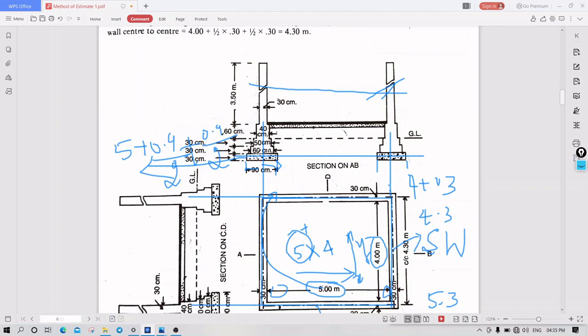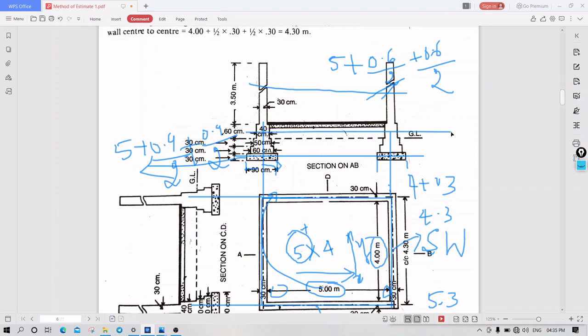At the first footing level, that is 60 centimeter, so 5 plus 0.6 by 2 plus 0.6 by 2. What I am calculating is only the center line length of the long wall.